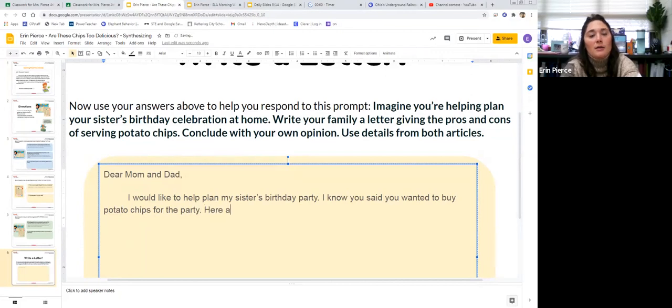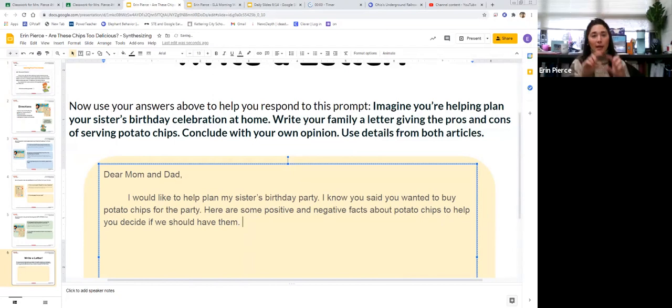Here are some positive and negative facts about potato chips to help you decide if we should have them.